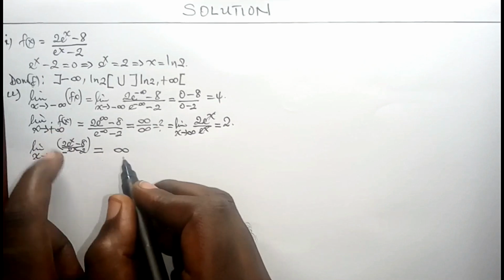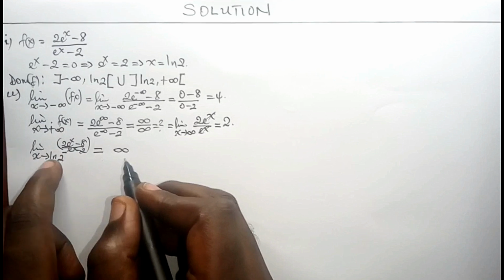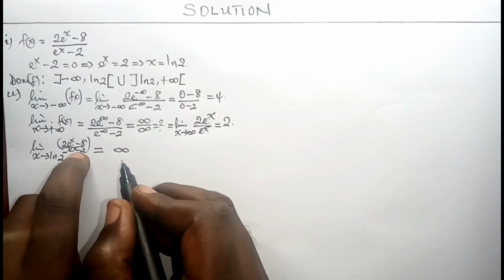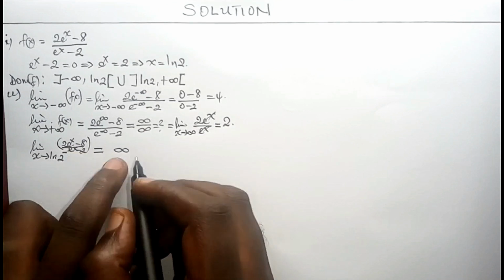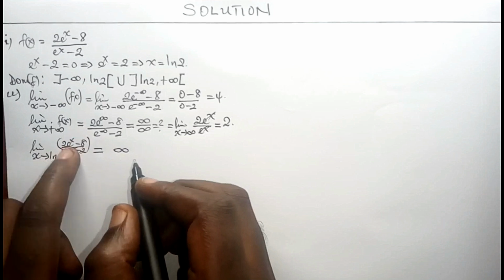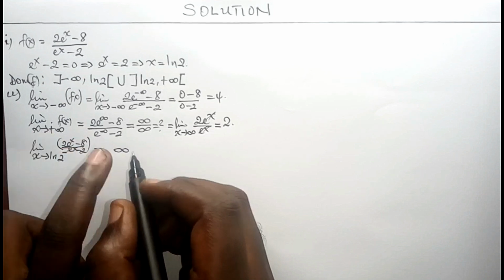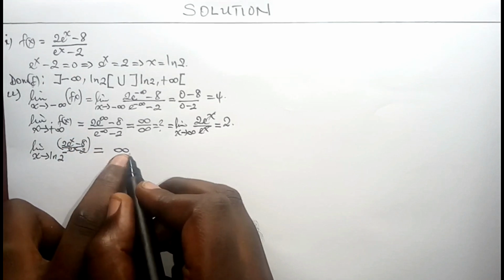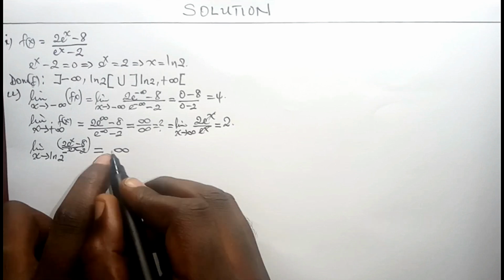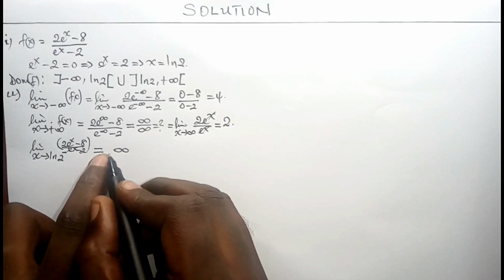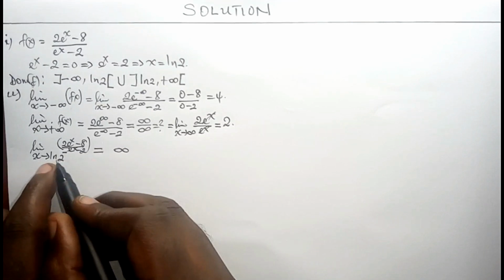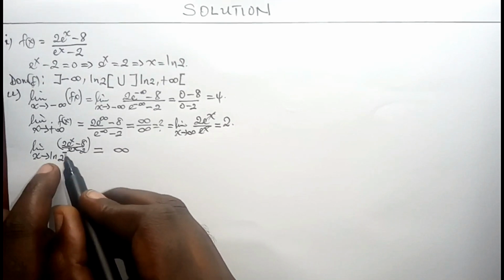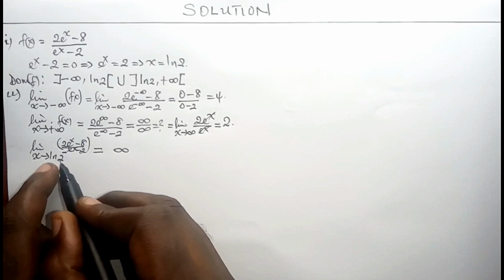We already know that as x tends to this value that makes the denominator 0, the curve either tends towards positive infinity or towards negative infinity. So when you are taking that limit, already have in your head that you would have infinity. What you will be interested in now is the sign that that infinity would take. To investigate the sign, I simply take a number, they say from below, so a number to the left of ln 2.